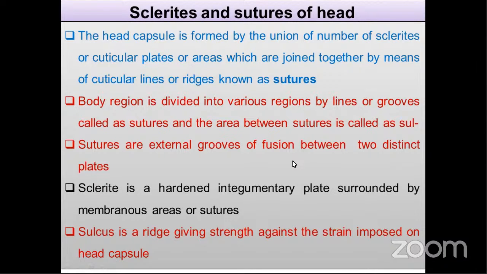Sclerite means a hardened integumentary plate surrounded by membranous areas or sutures. Next, sulcus gives some support, strength against the strain imposed on the head capsule. It gives some support to the sclerites. The sulcus is different, suture is different, sclerite is different.